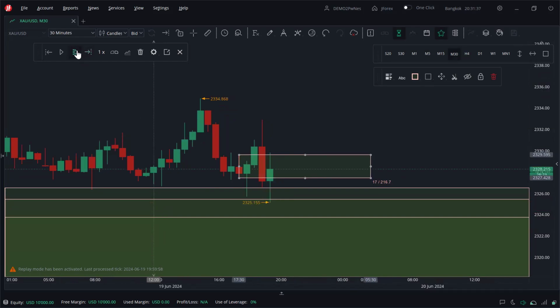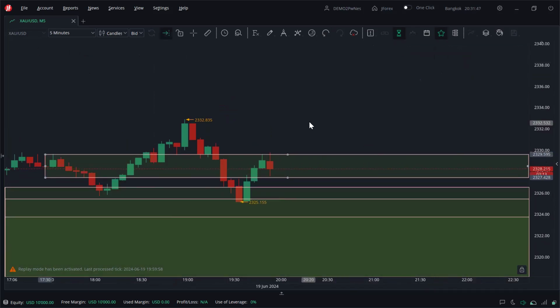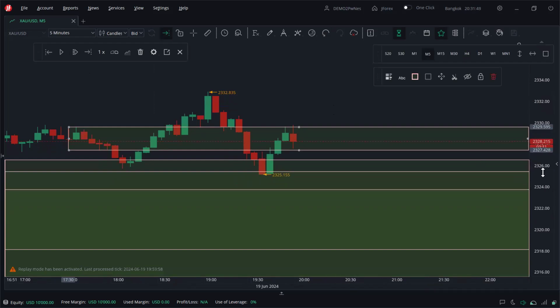What will here? Okay. M5. Yay, we got M5. And this is what makes trading very hard. We need to be very aware of multiple time frames at the same time. Okay. Now we got M5.